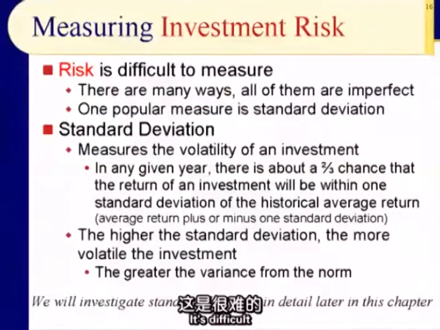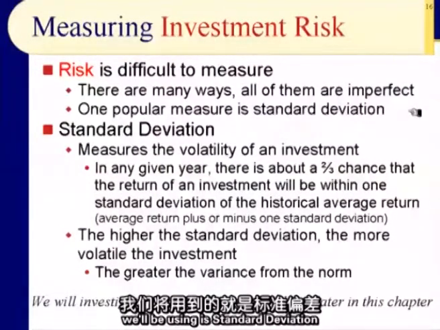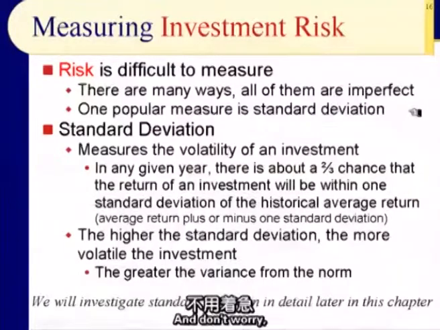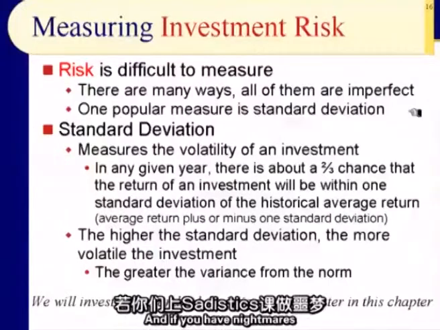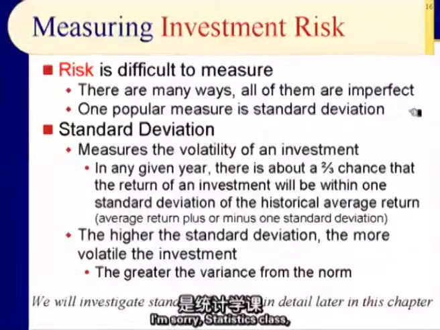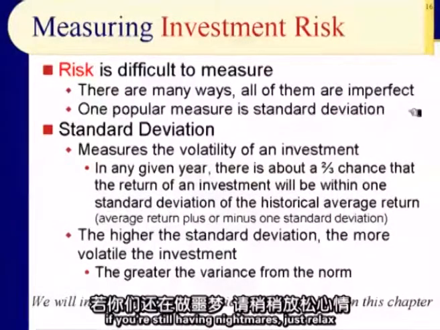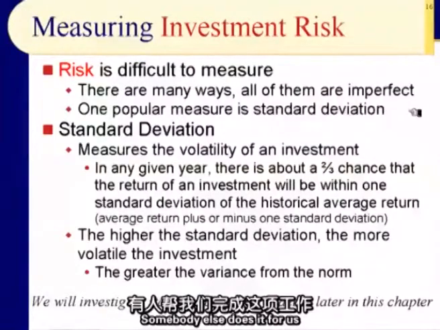It's difficult. One popular measure, and the one that we'll be using, is standard deviation. And don't worry, we'll investigate this later in the chapter. And if you're still having nightmares from your statistics class, just relax, because we don't compute this. Somebody else does it for us.